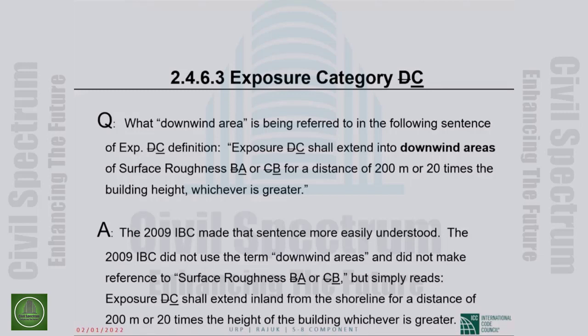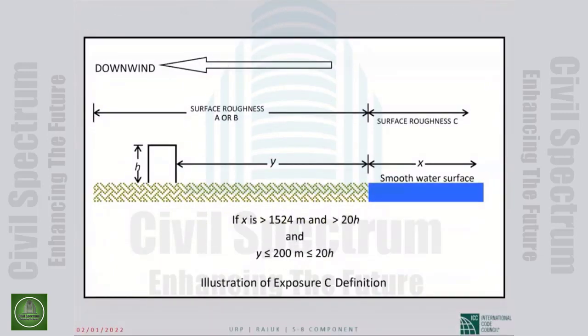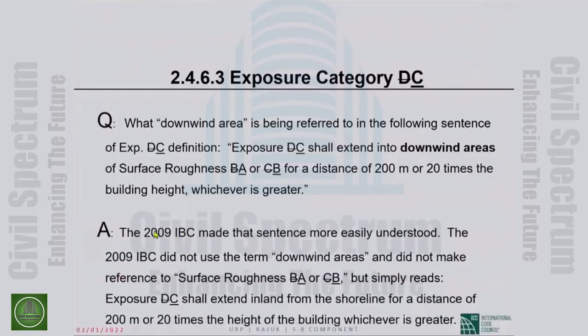So what downwind area? Let me skip this. So we found in the 2009 IBC much better language. The 2009 IBC made that ASCE 7 sentence that talked about downwind distance more easily understood.